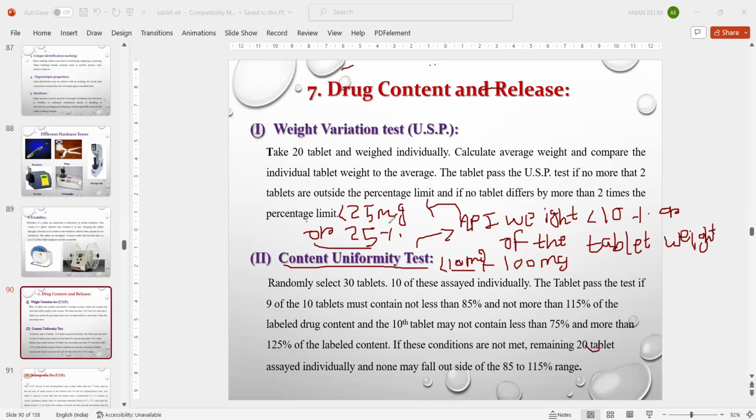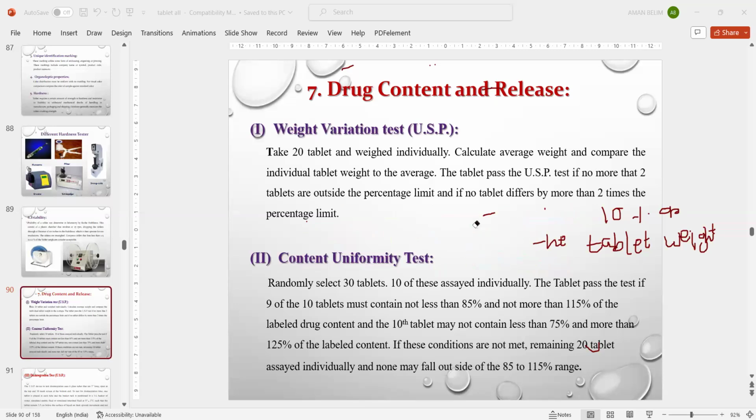If the weight of the API is less than 25% of the original tablet weight, then we also have to perform the content uniformity test. So this is very important. Remember this, note it down. And if you have any question, you can ask in the chat box.